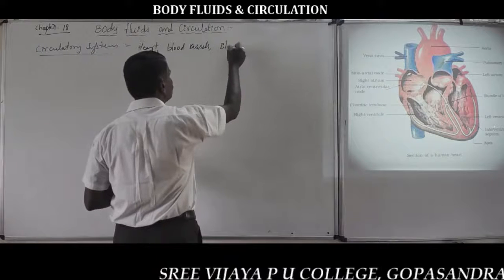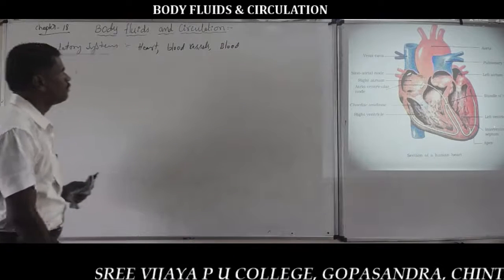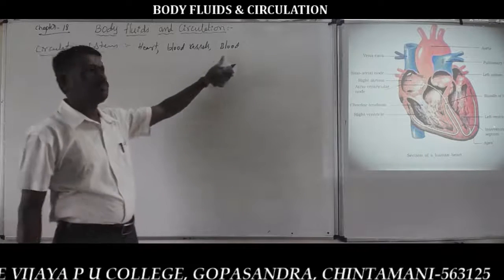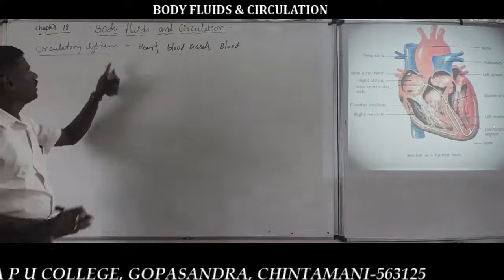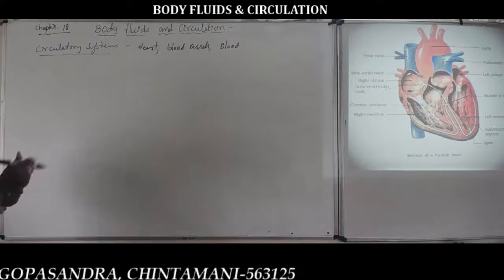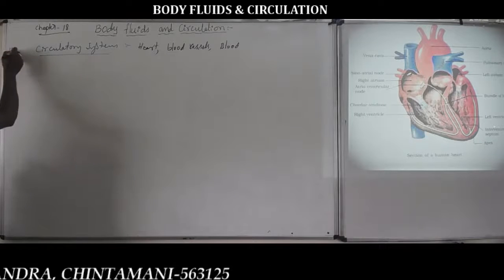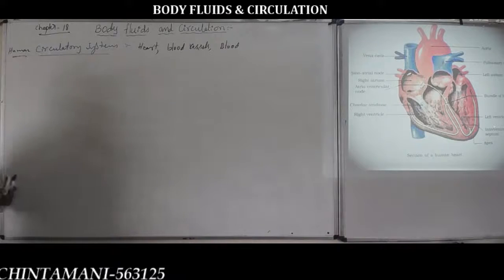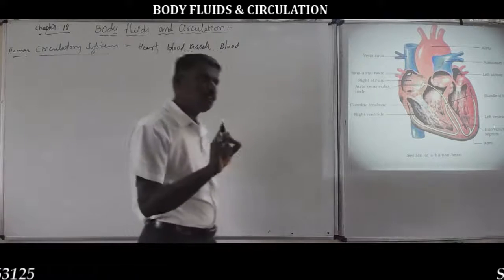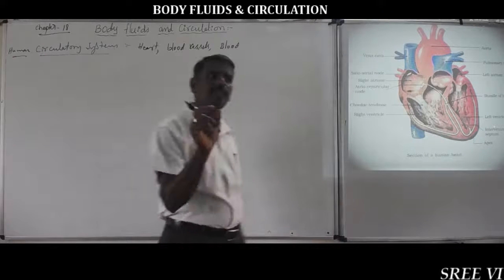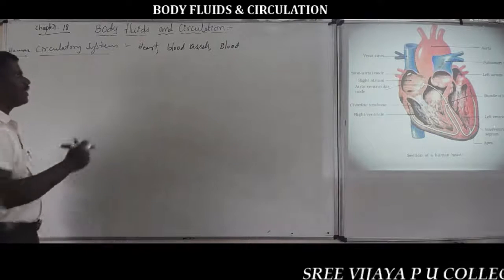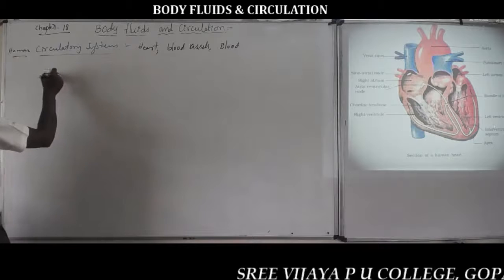So what we define first: heart, blood vessels, blood, which are included in the circulatory system. In the human body there is transmission of nutrients and gaseous constituents, which was first discovered by William Harvey.